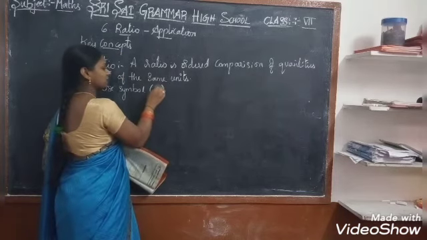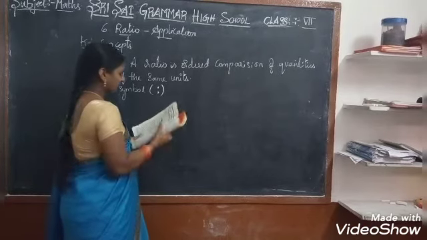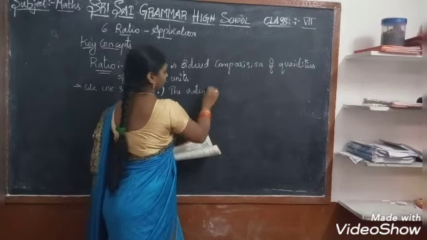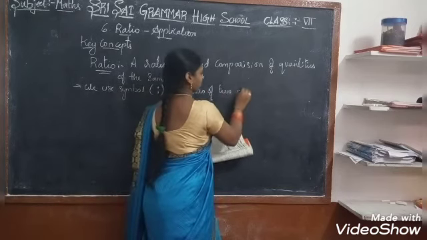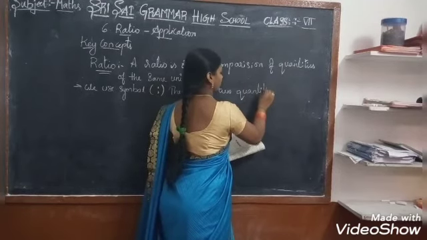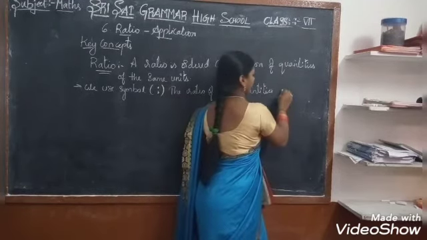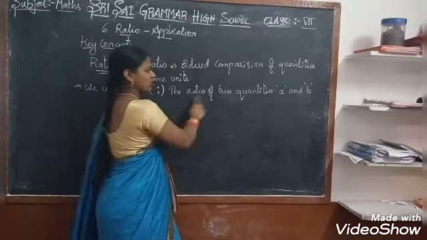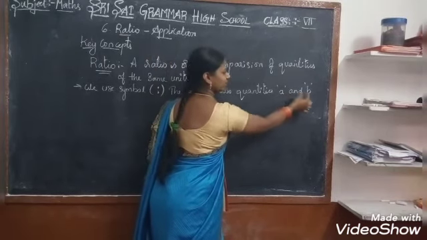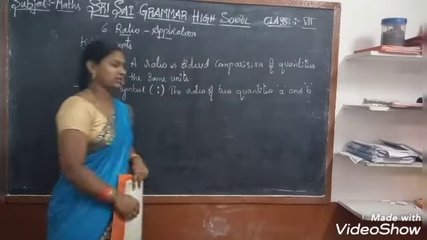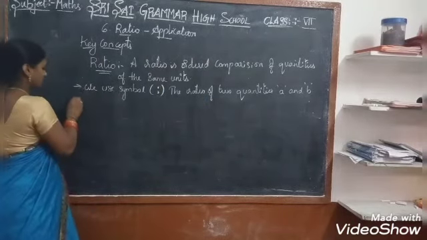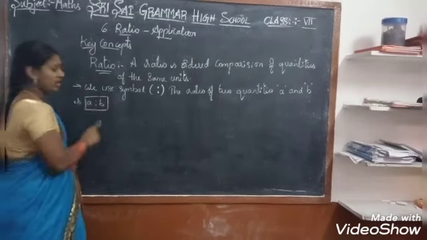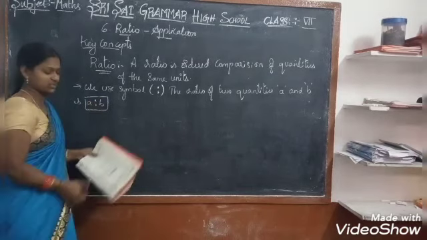This is used for the ratio of two quantities A and B. Here A is one quantity and B is another quantity. It is applied in the ratio as A is to B, using this symbol.